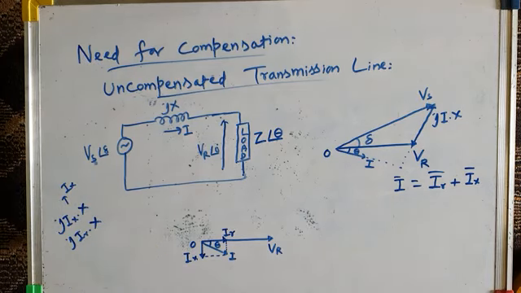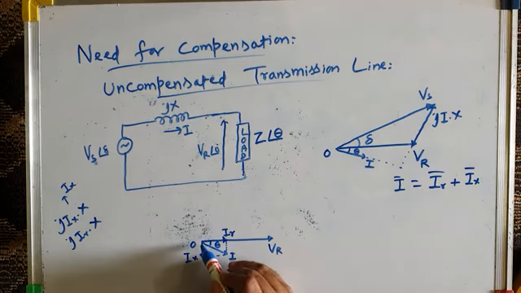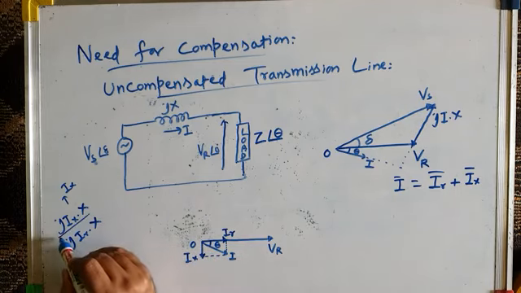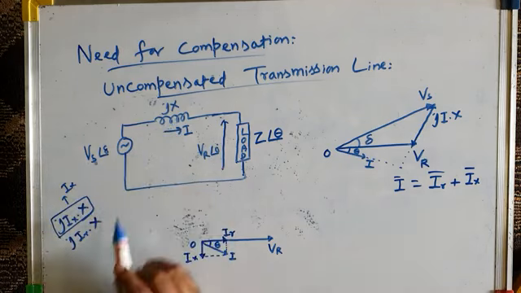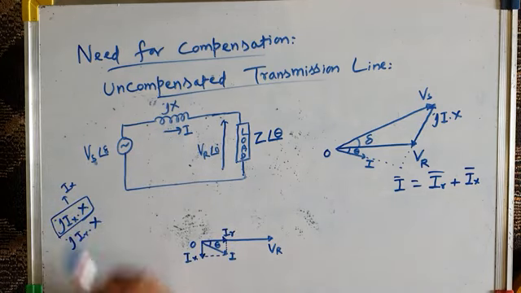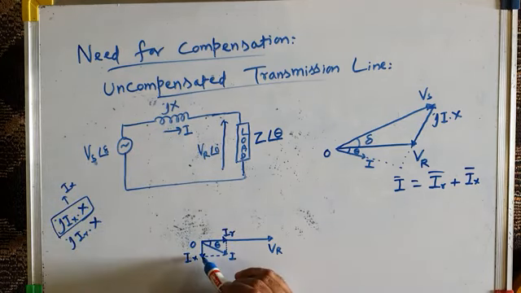You know from basic circuit theory that in a purely inductive network, voltage leads the current, or in other words, current lags the voltage. Where is my out-of-phase or quadrature component of current, or reactive component of current? IX. Now this IX will cause a reactive voltage drop in the transmission line reactance, which is JIX into X, and that will be leading this current IX by 90 degrees.